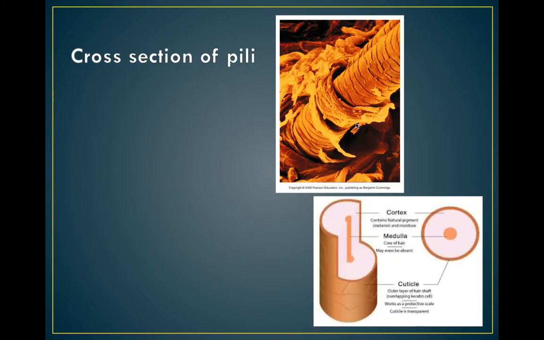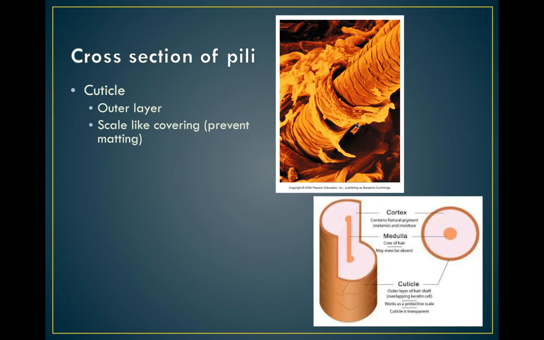If we look at a piece of hair, which is called a pili, and we cut into it, a cross section, we would see that it's made of three primary layers. So the cuticle is the outermost layer, and the top photo is an electron microscope photo, which really shows you the surface of hair.